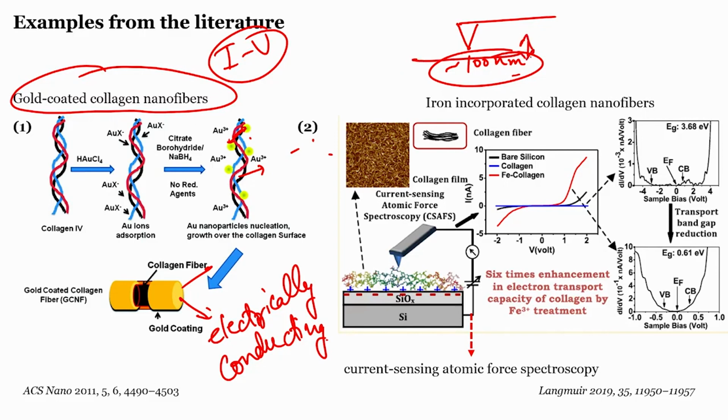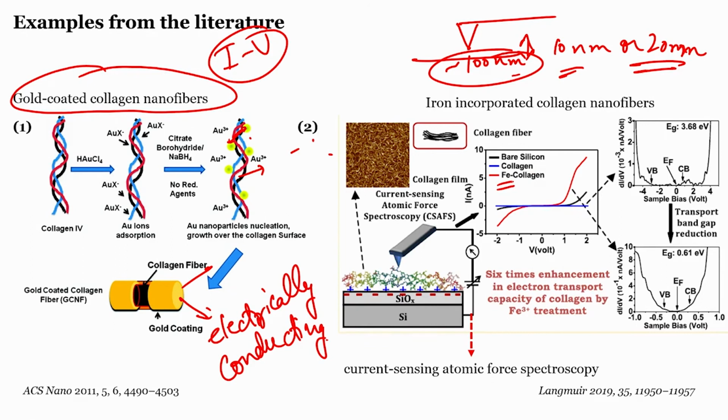This separation would be around 10 nanometers or 20 nanometers, and then they apply field. Since the separation is very less, they could even sense the current which is generated after completing the circuit. And when they did this experiment, what they found was there was a 6 times enhancement after iron nanoparticles were introduced in the collagen nanofibers.